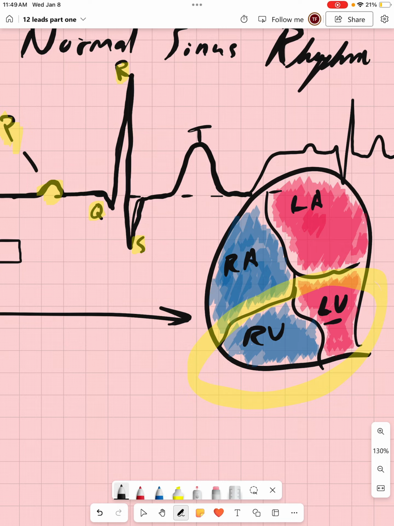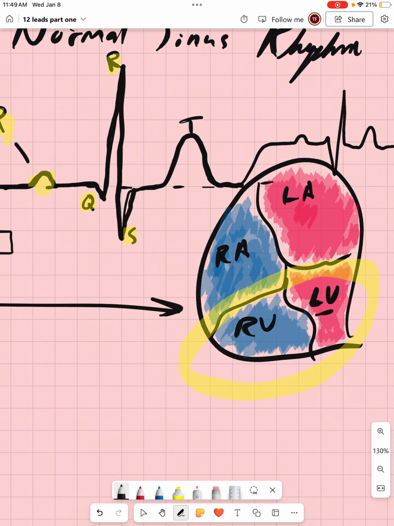It's going to require more force to effectively push blood through the entire body. You know, what's going to take more muscular effort, to squeeze blood from the right atrium to the right ventricle, or left ventricle to the entire human body?